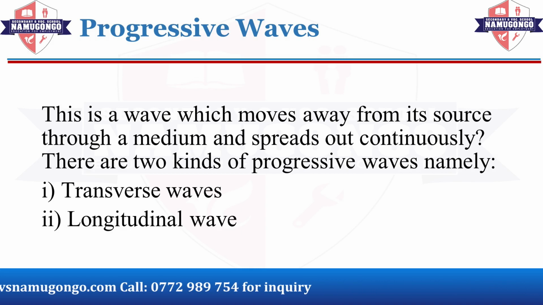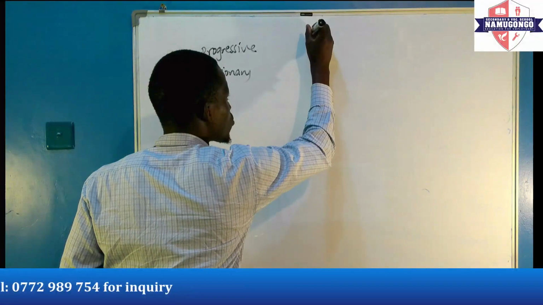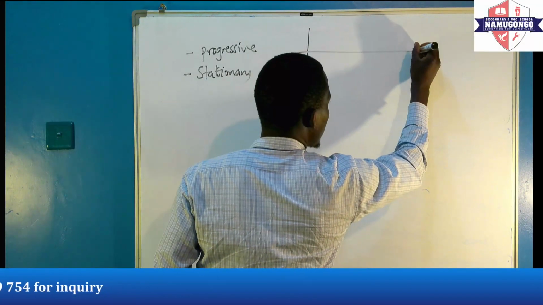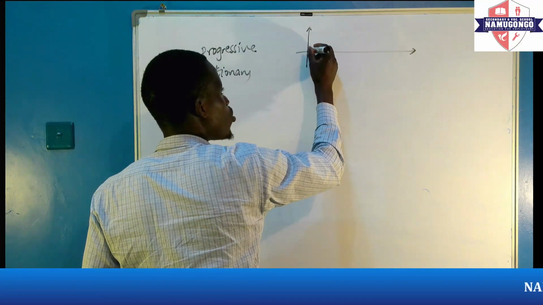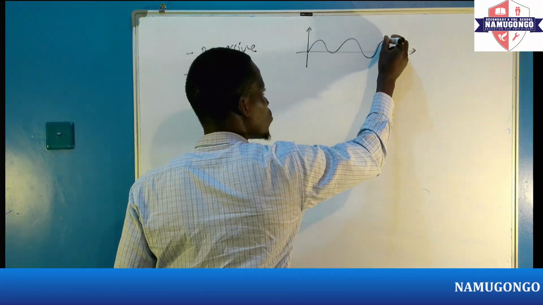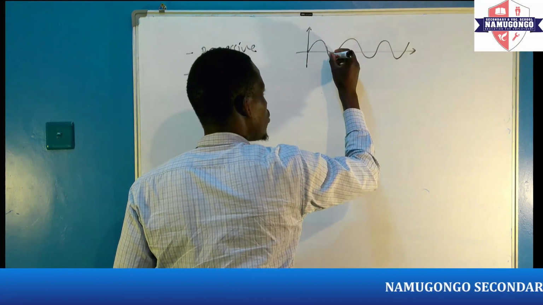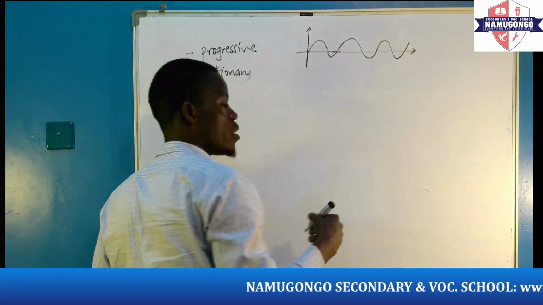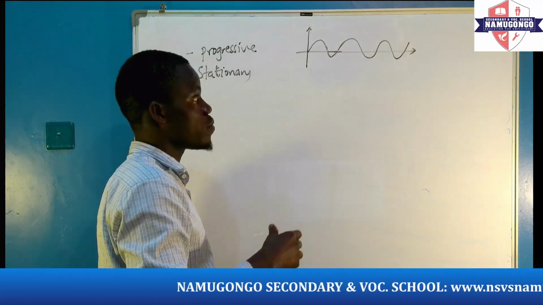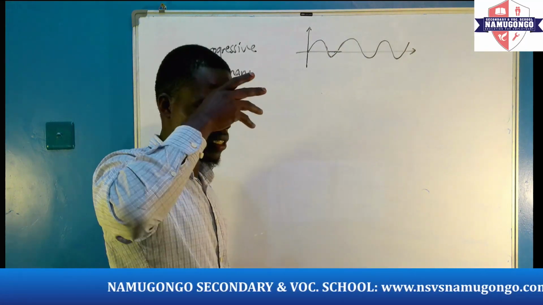In other words, if you have a source, the wave will be generated here, and its motion in that direction will continue. It will not cease. So it is progressive from point to point.